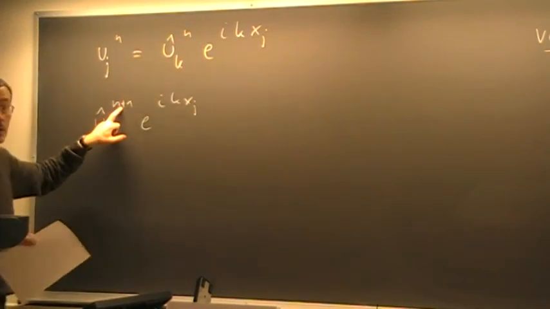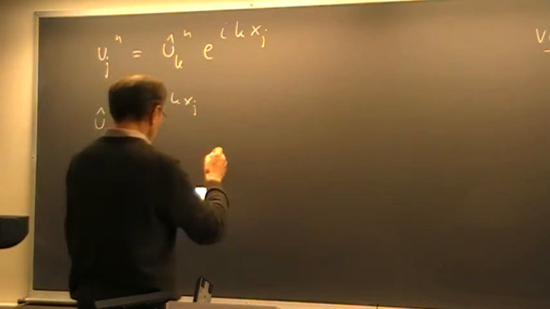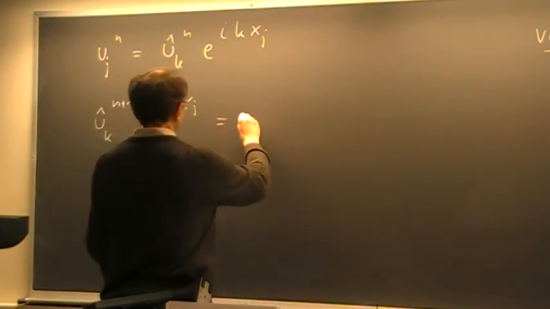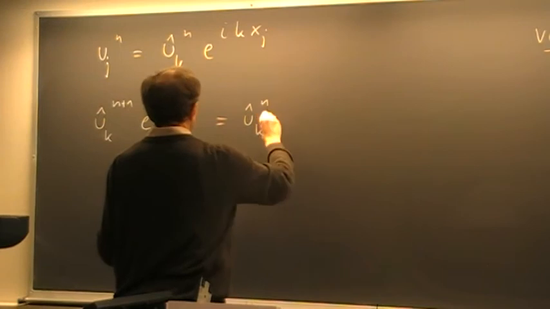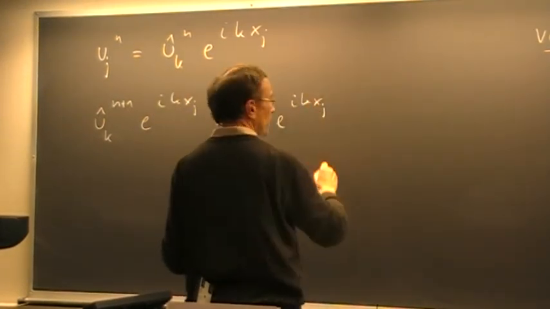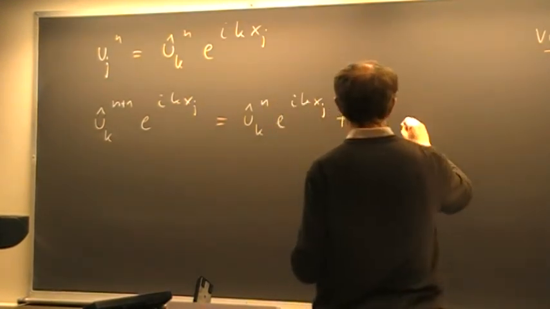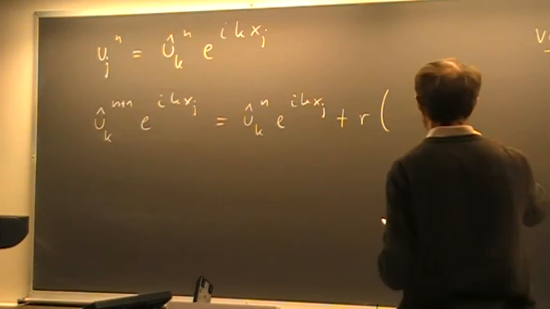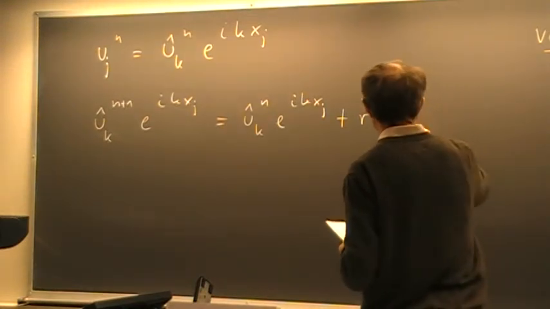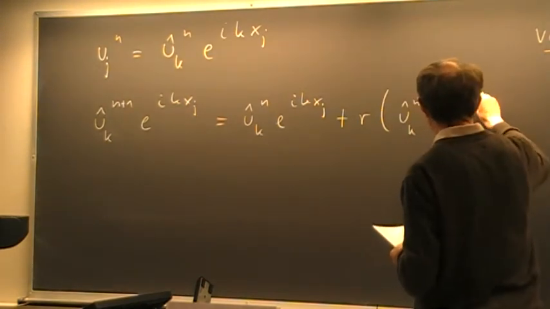Otherwise it's xj. And then on the right hand side, we have the value at the old time level, that is just as it is, e to the I k xj. And then we get the r. And then the first one is uj plus 1. So then we still have the uk hat n, that is not changed, but it is changed here, e to the I k xj plus 1.